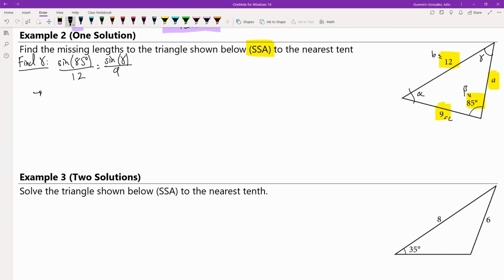This simplifies down to this. I'm going to get sine of gamma is equal to 9 sine 85 degrees divided by 12.